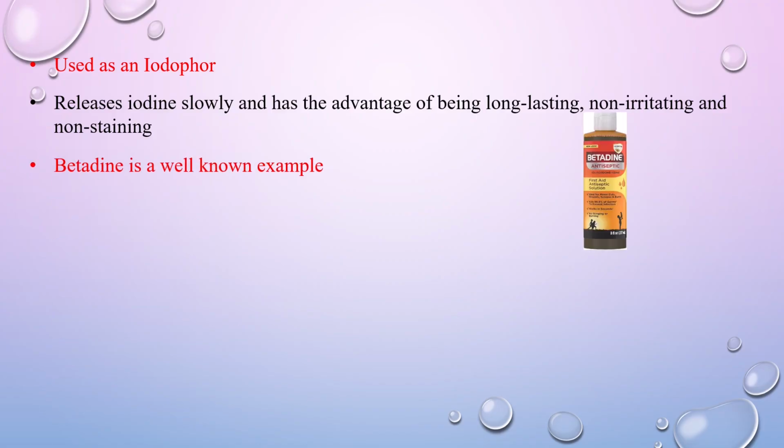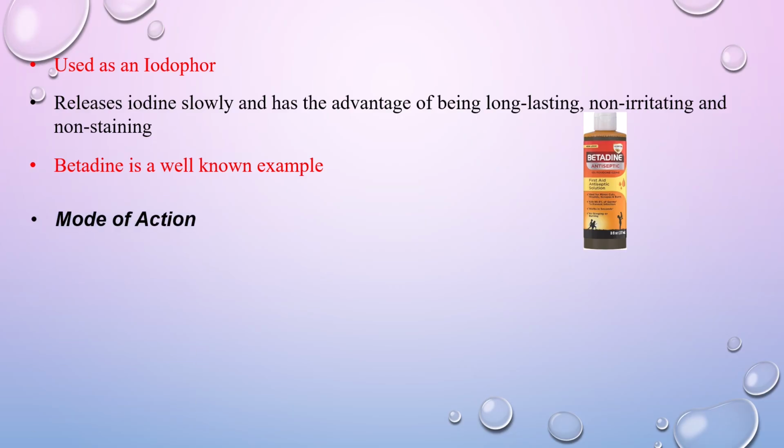Betadine is a well-known example of an iodophore which is applied to wounds. It can destroy bacteria, fungi and some protozoa but not endospores. Iodophore solutions retain good antimicrobial activity at pH less than 4 even in the presence of organic matter.